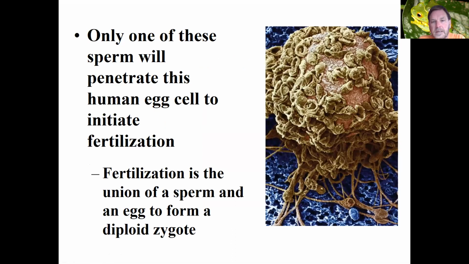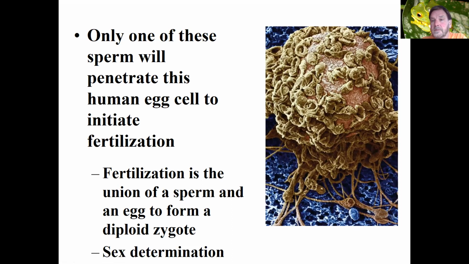If sperm reach the egg, it's a contest to see who gets in there first. You can see that there are millions of sperm produced in a single ejaculate, and only one of them, well, sometimes two, but usually only one, can make it into the egg.